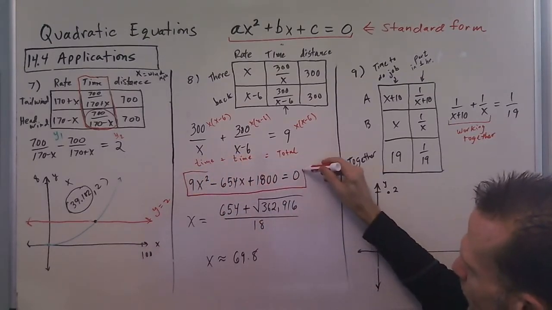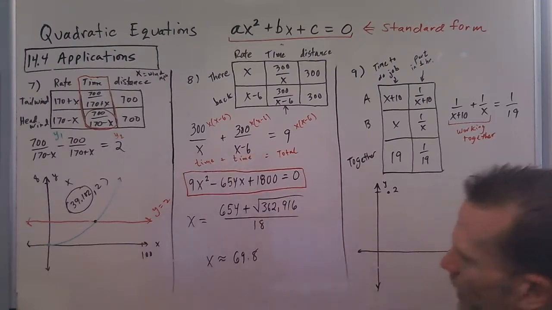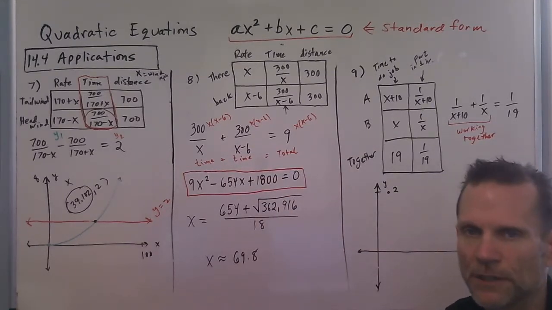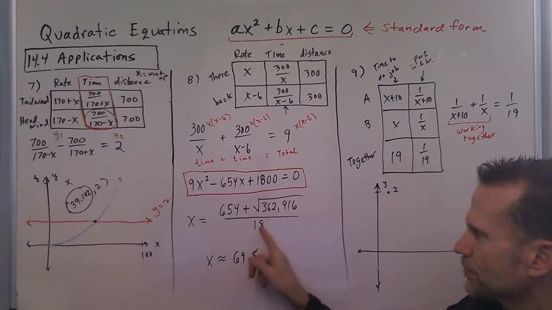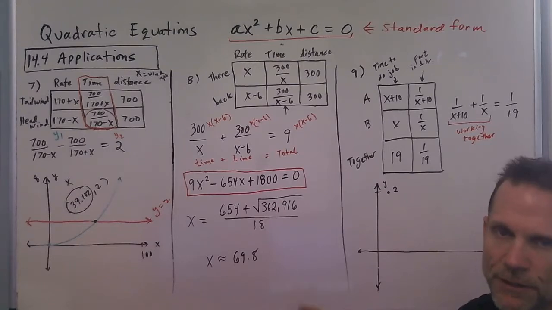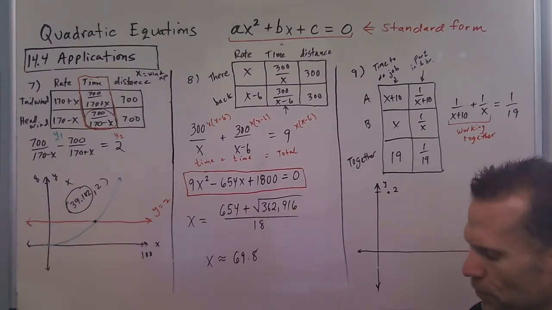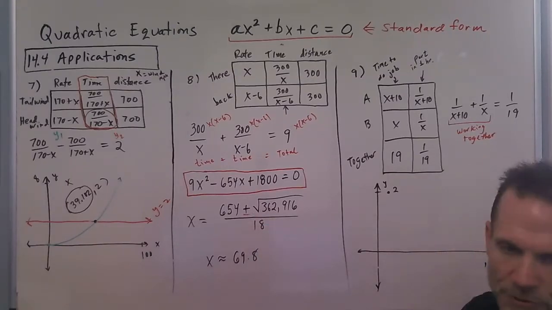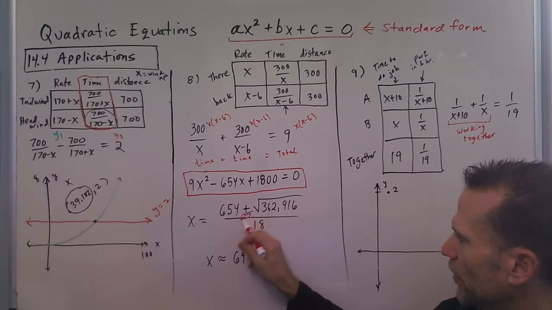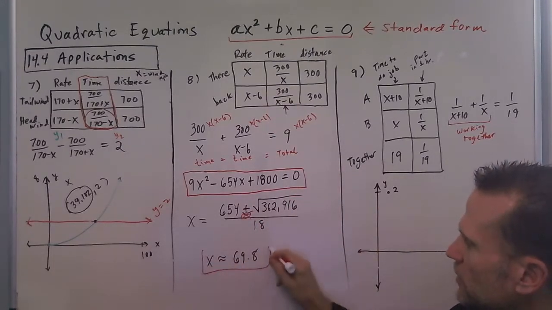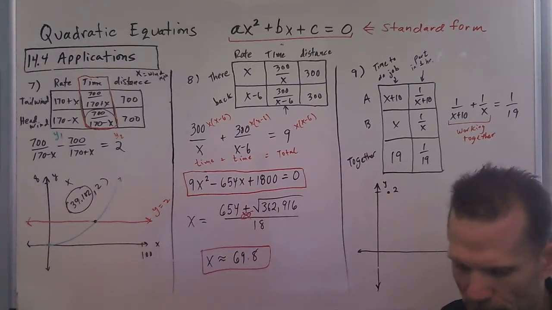Then we can use the quadratic formula or a quadratic formula solver on the internet. It's some ugly work, but with the internet and a calculator it shouldn't be too bad. We rule out the negative solution because we're working with a positive speed, and we find that x is approximately 69.8.